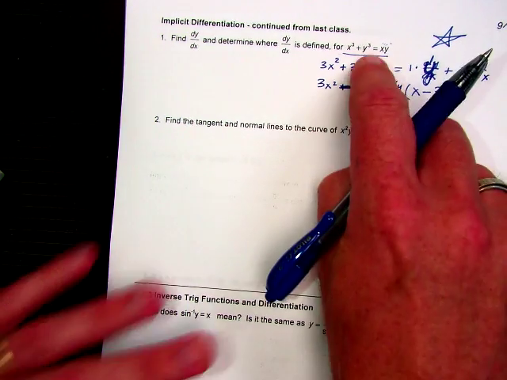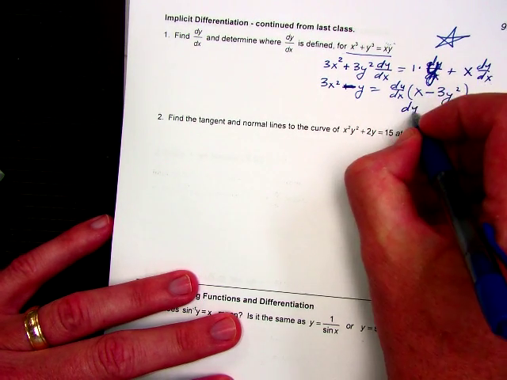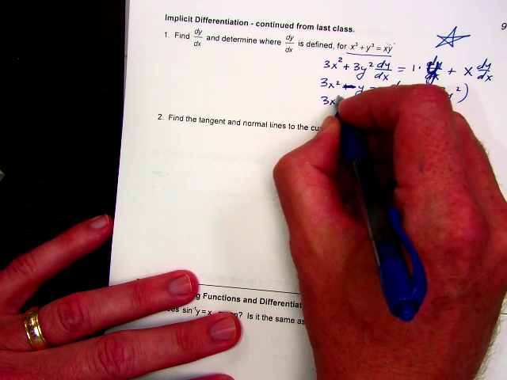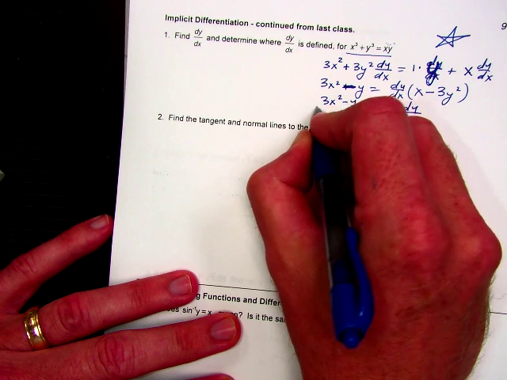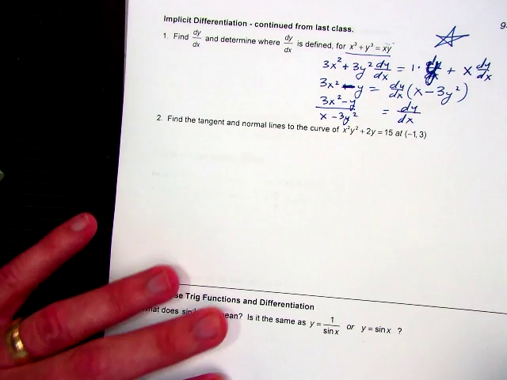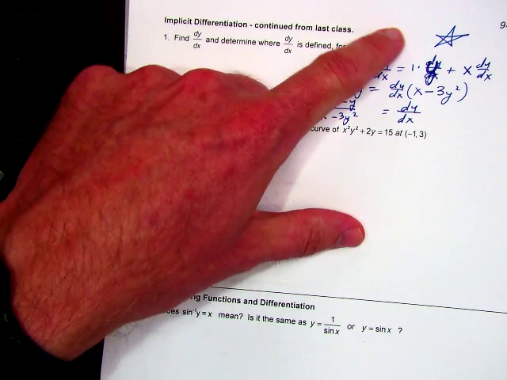So when I brought it over here, it's going to become negative, and then I factored that out. So dy/dx is going to equal (3x squared minus y) over (x minus 3y squared). Okay? So that is our slope at any point that happens to be on this curve.